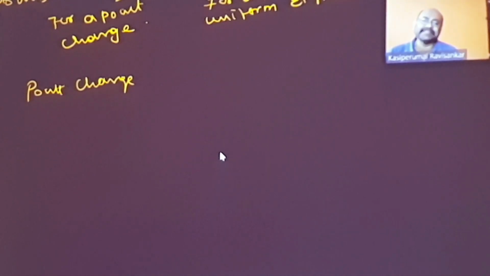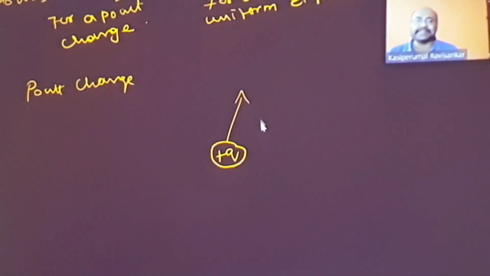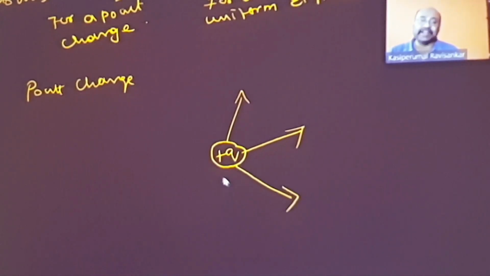First of all, let us consider a point charge. I am considering the point charge as plus Q. Around this point charge you will have the electrical field. The electrical field is always represented by drawing electrical lines of force. For a point charge, electrical lines of force act radially outwards.